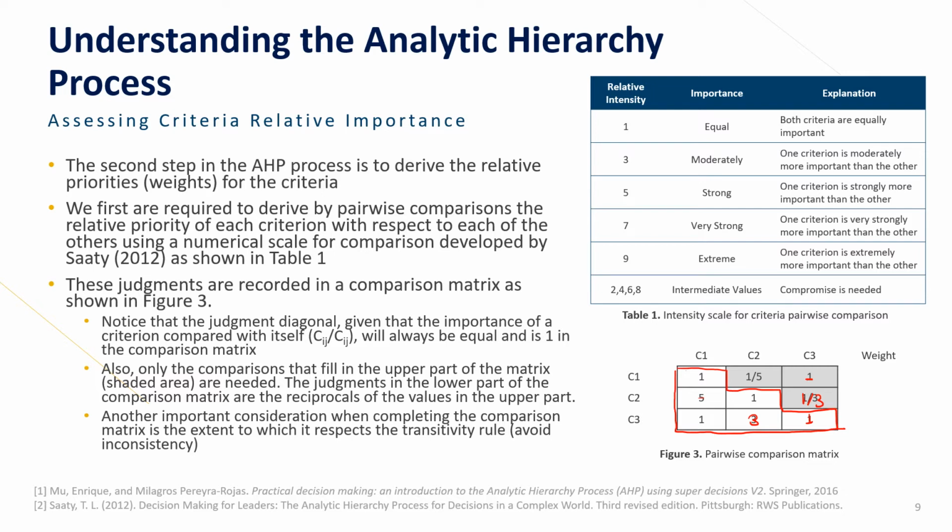When you have more than 2 criteria, let's say here 2 is more important than 3, and for this example 2 is more important than 1. Later on you need to check whether this comparison is also consistent with the other comparison that you made.